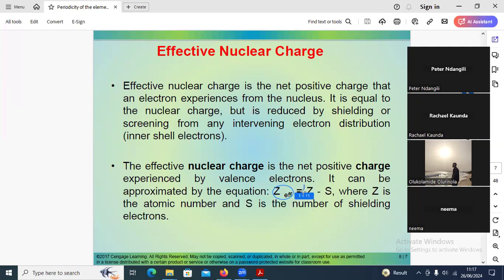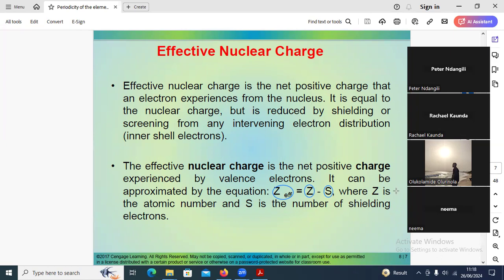This Z here is the atomic number, and the S is what we call the Slater screening constant. The Slater screening constant is actually the shielding effect of that particular electron, and it is calculated using some rules.